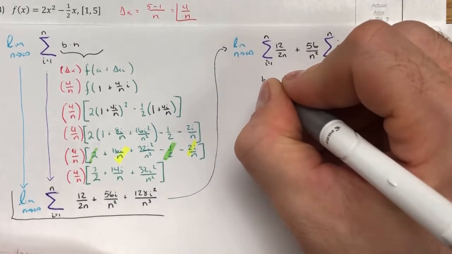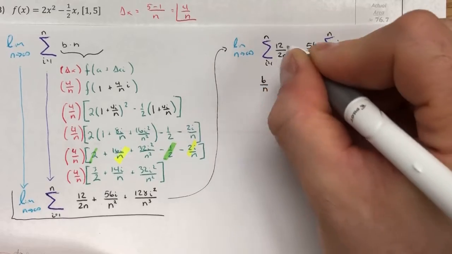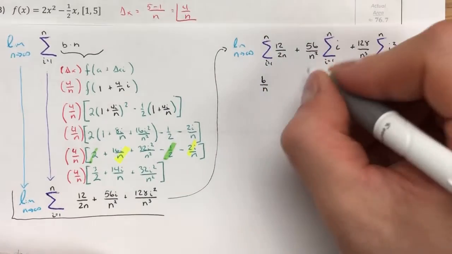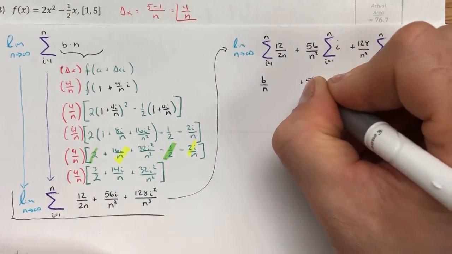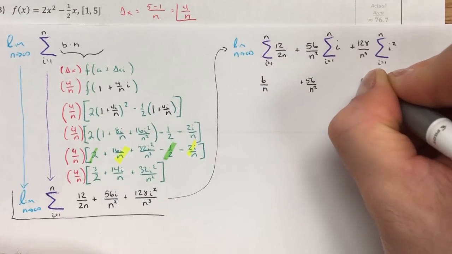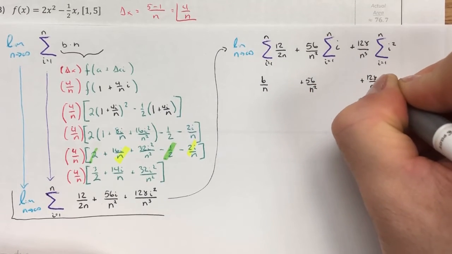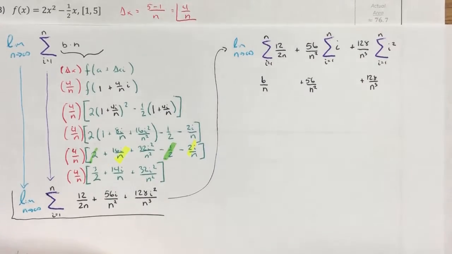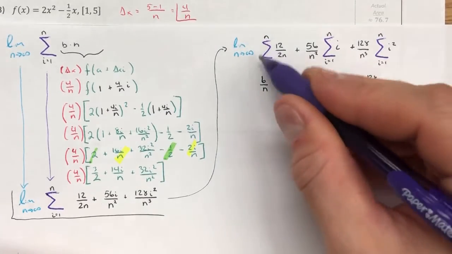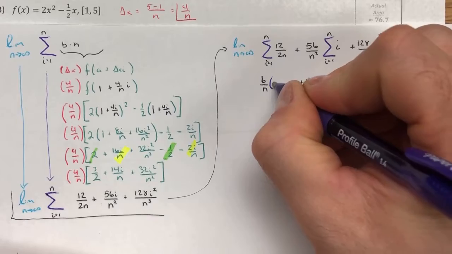So right here I'm going to write this now as 6 over n because 12 divided by 2 is going to give me that, plus 56 over n squared, plus 128 over n cubed. And when there's no changing value, I'm just going to multiply by n.